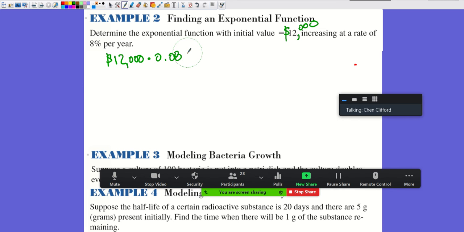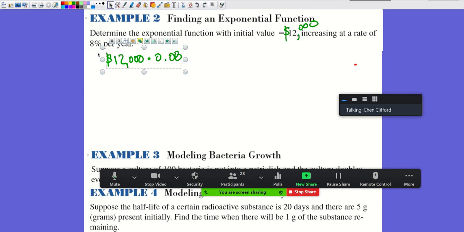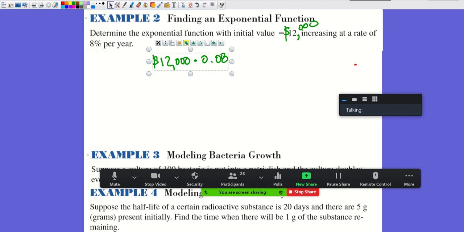And then, if you want to find the total that you got, just do 12,000, your initial value, plus that.